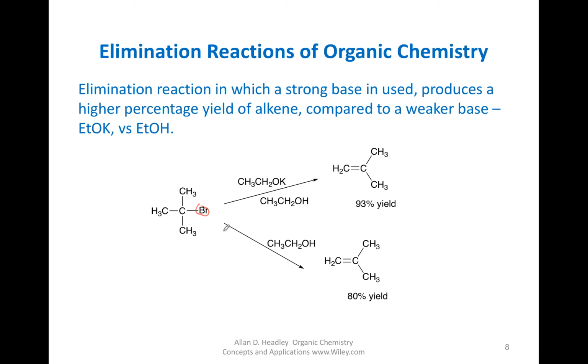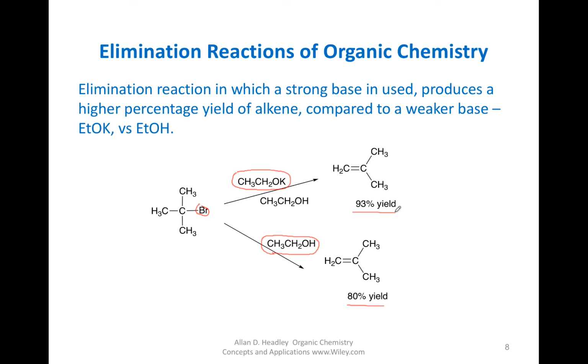What I want to point out is that if we went with just alcohol, just the solvent, the alkene produced is an 80% yield. But if we did the same reaction and introduced a strong base, such as potassium ethoxide, the percentage of the same alkene jumps up to 93%.